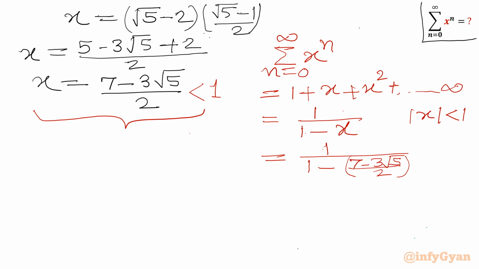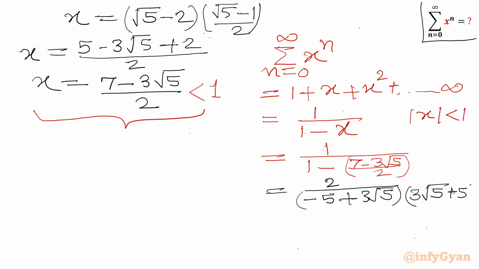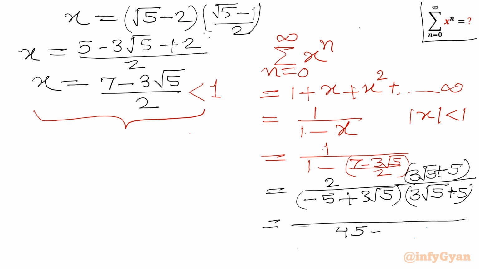So I can write this will be equal to 2 over (−5 + 3√5). Now I will rationalize my denominator. So I need to multiply by (3√5 + 5) in the denominator and (3√5 + 5) in the numerator also. So denominator will be (a + b)(a − b), that is (3√5) whole square, which is 45, minus 5 whole square, 25.